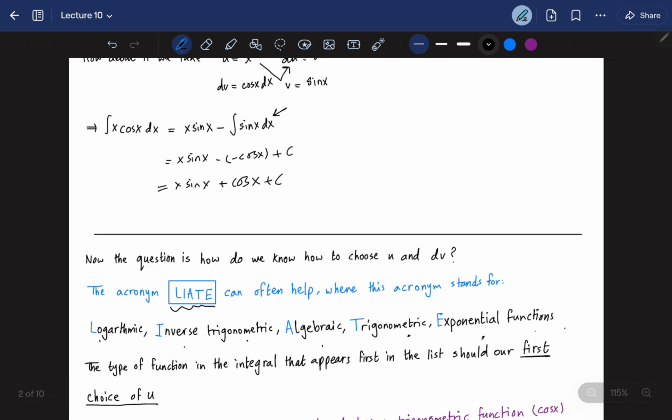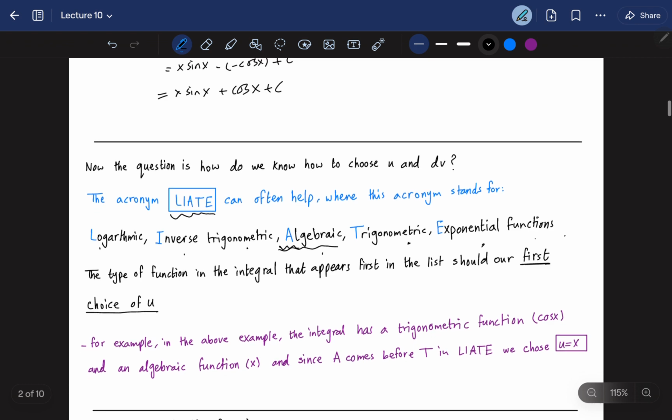So here, the type of function in the integral that appears first in the list, we take it as your u. So for example, if I got an algebraic function and a trigonometric function, since the A comes before the T, then I take my algebraic function to be my u.